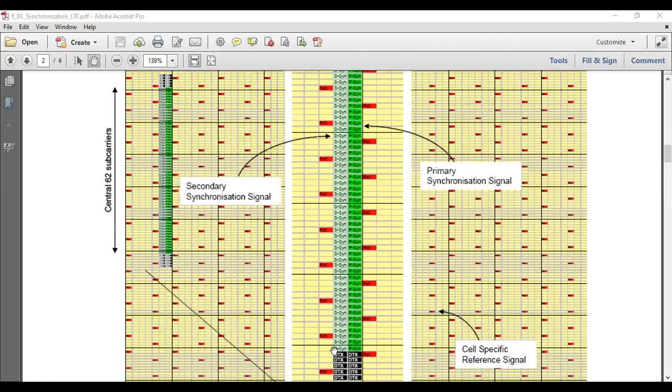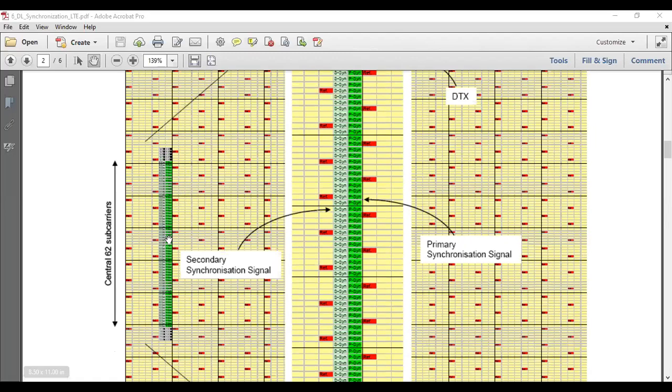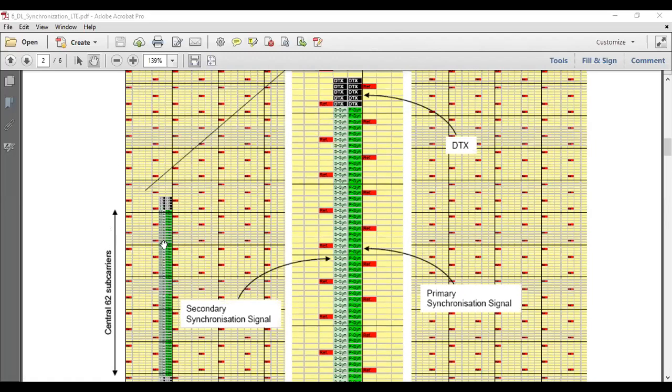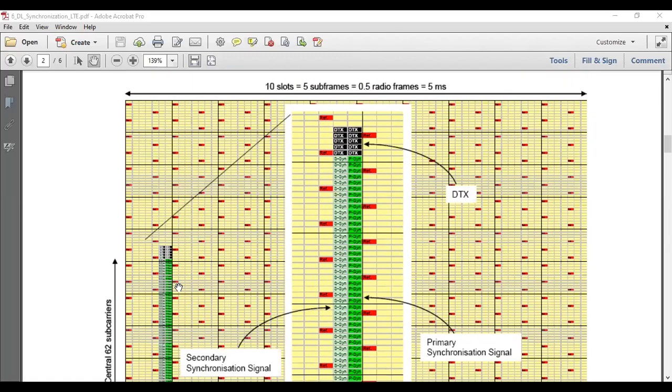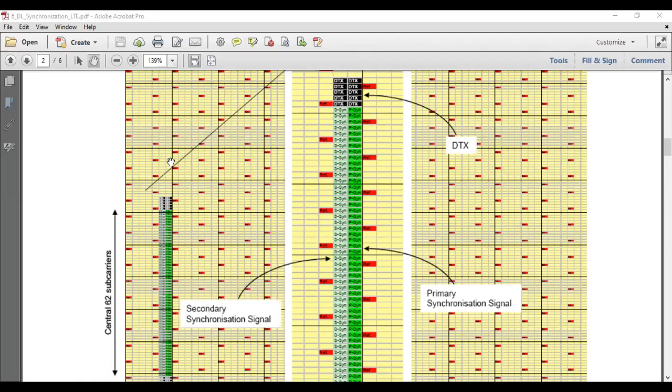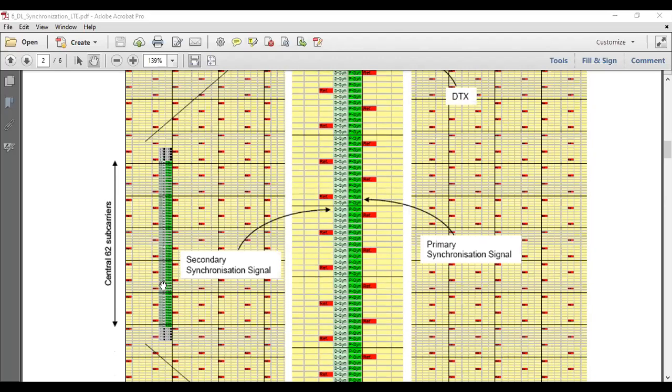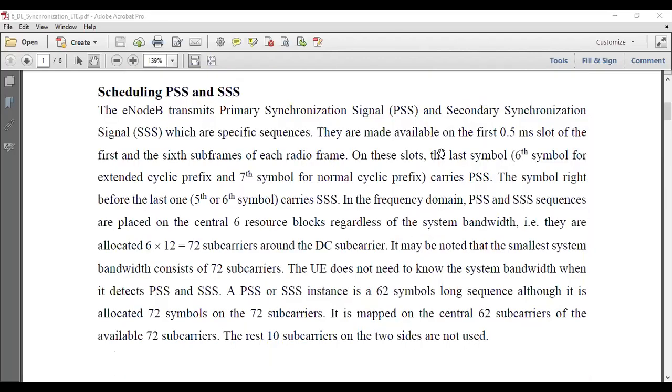And this way you have transmissions of them here, which is in the first subframe. I'm talking about FDD now. I said twice, in the first and in the sixth subframe.